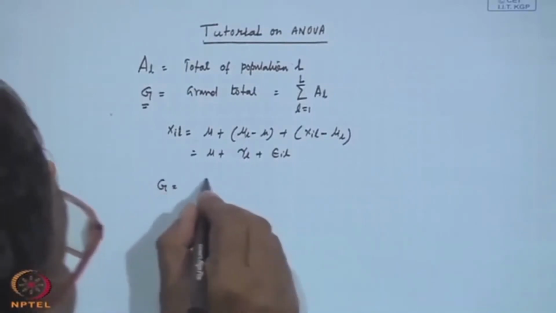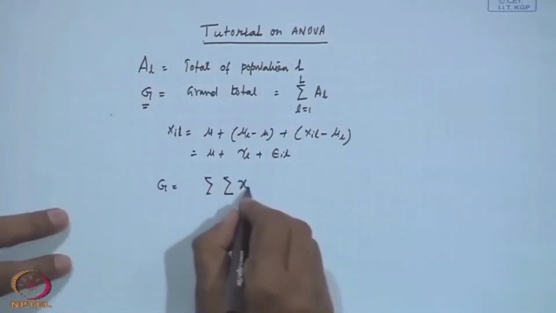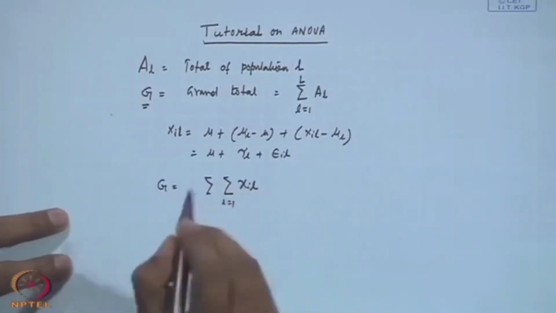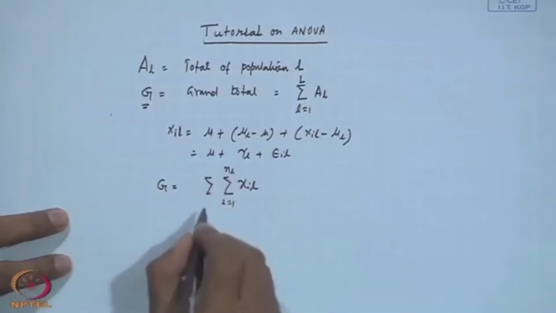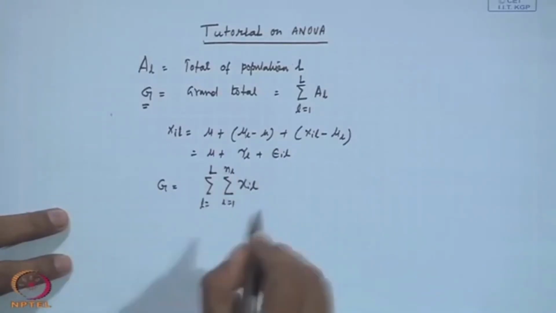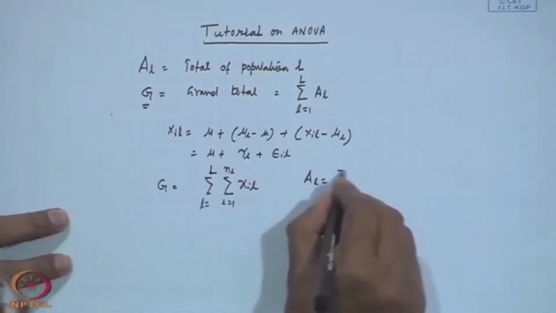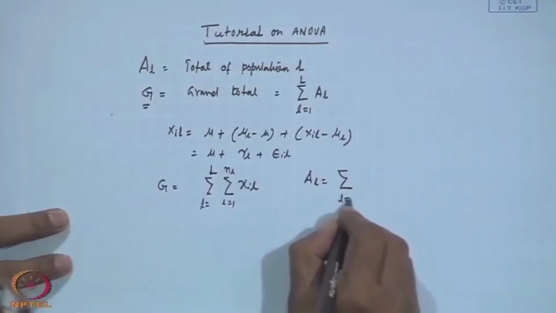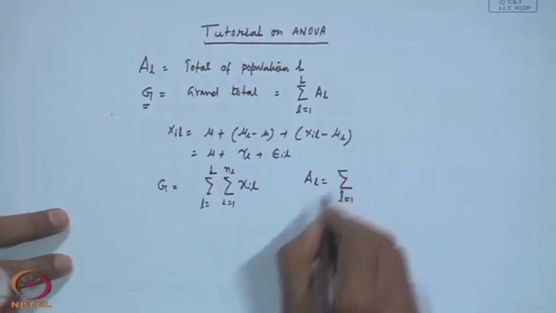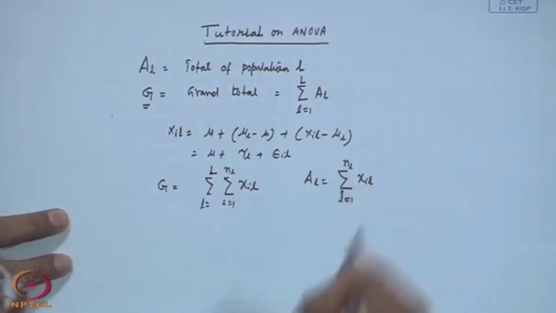The grand total will be the sum of XIL, I equal to 1 to NL, L equal to 1 to capital L. And the sum of this will be AL, L equal to, so I equal to 1 to NL, XIL.